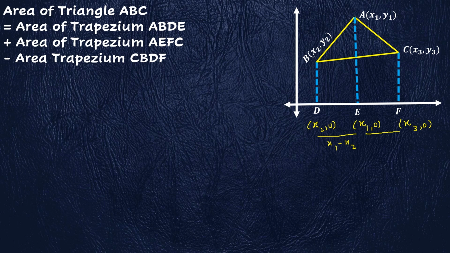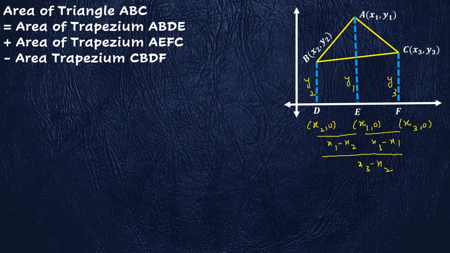The distance EF will be x3 minus x1 and the distance DF will be equal to x3 minus x2. Also note that the height BD is equal to y2, the height AE is equal to y1, the height CF is equal to y3.